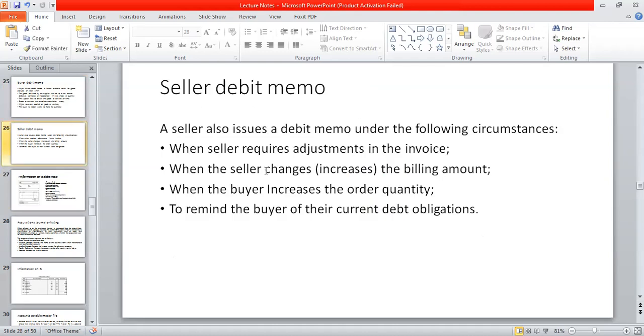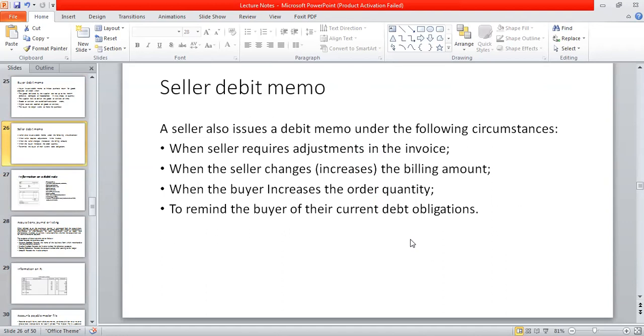In the case of the seller, they can also issue a debit memo under the following circumstances. One, when the seller requires any invoice adjustment, the seller will send the debit memo to the buyer to correct that.